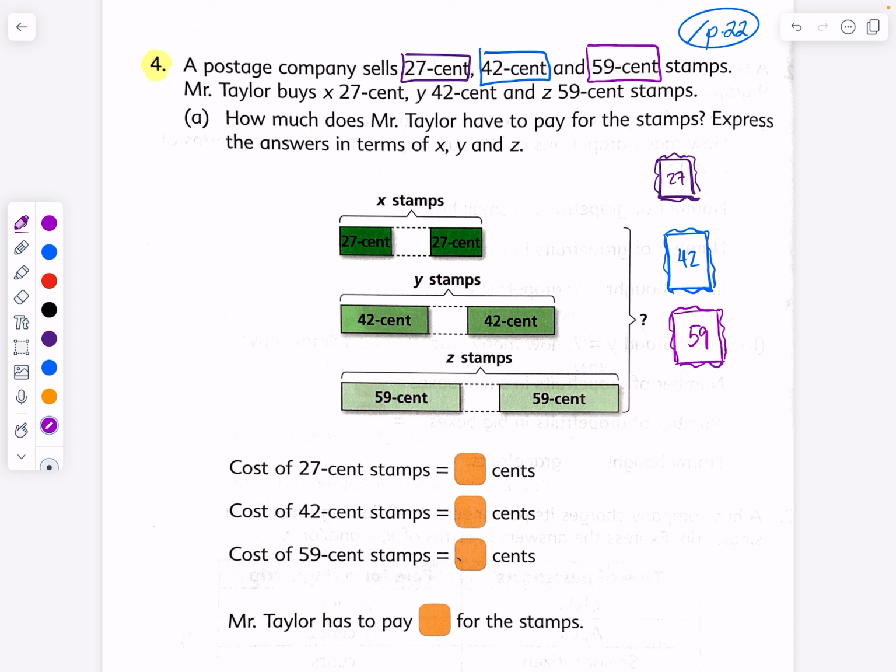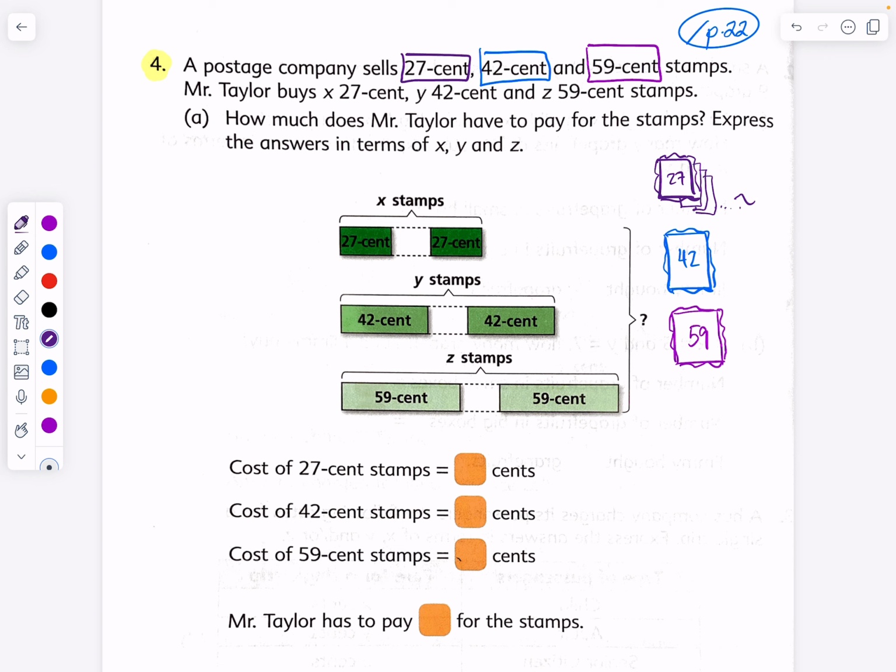3 types of stamps. Mr. Taylor buys X 27-cent stamps, Y 42-cent stamps, and Z 59-cent stamps. Now, the problem did not tell us how many of each type he bought, right? We know that there are multiple stamps. How many exactly?